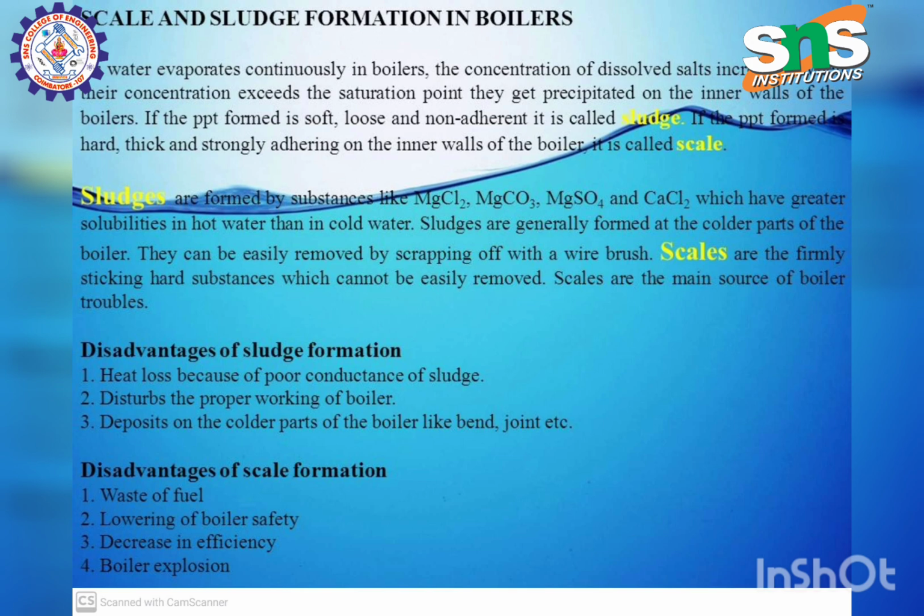Scale. On the other hand, if the precipitate forms a hard and adherent coating on the inner walls of the boiler, it is called scale. The scales are formed by substances like calcium bicarbonate, calcium sulfate and magnesium hydroxide.